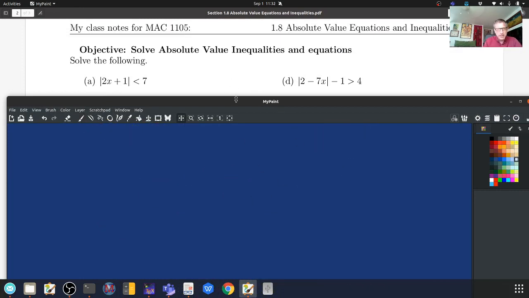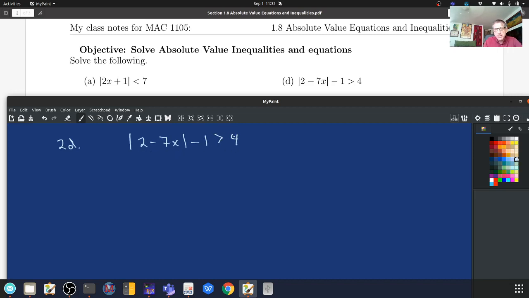So number D is a lot of problems here. It's the same type. 2 minus 7x minus 1 is greater than 4. So if you look at the fourth row, the 2 minus 7x is our unknown quantity.